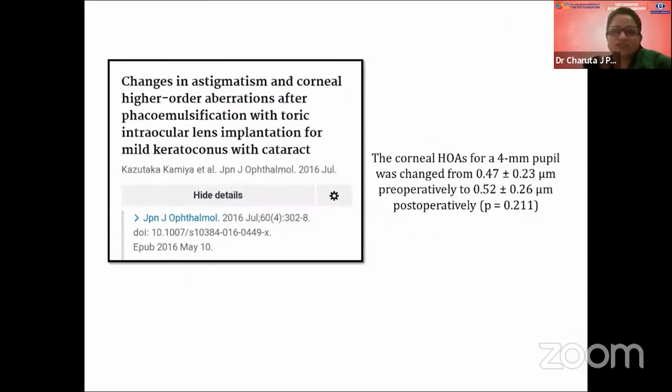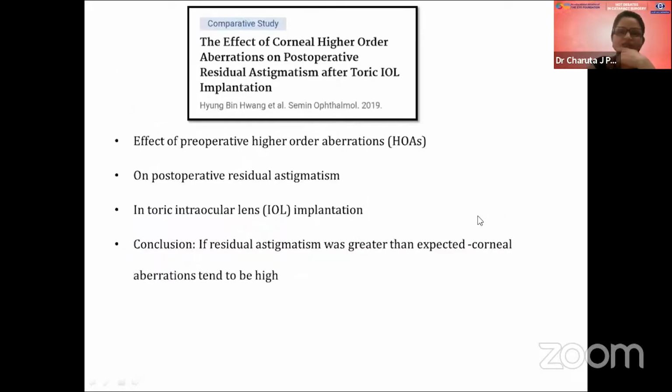So why is this important is, this is another case series wherein the changes in astigmatism and corneal higher order aberrations after phaco with toric IOL implantation for mild keratoconus was checked, and they showed that the corneal higher order aberrations were changed from 0.47 to 0.52 post-operative, which is not statistically significant, but however, it was a slight increase in the HOA.